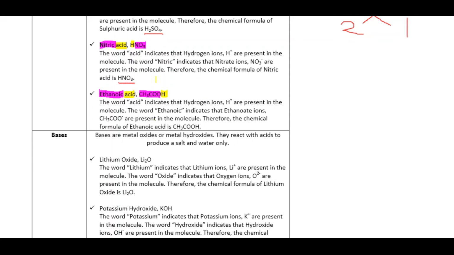So you'll learn more about this in organic chemistry, in secondary 4. But just for now, just know that the acid shows that there's a hydrogen atom, and ethanoic acid refers to the ethanoate ion. So ethanoate ion is actually this CH3COO, and therefore the formula for ethanoic acid is CH3COOH, right?